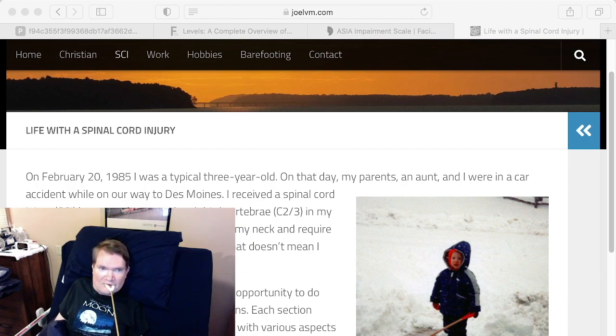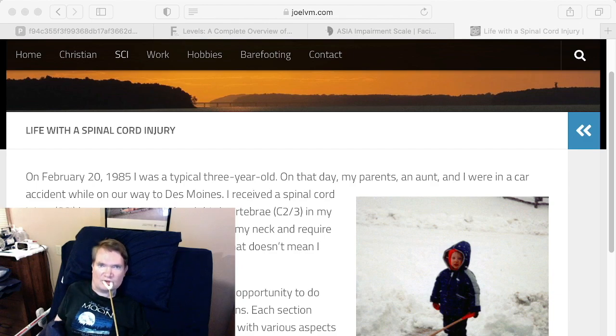So, first of all, the spinal cord, of course, is the long vertebrae or long spinal column that runs from your head all the way down your back. And every vertebrae is numbered. And there are basically 4 different categories of area that we talk about with the spinal cord.